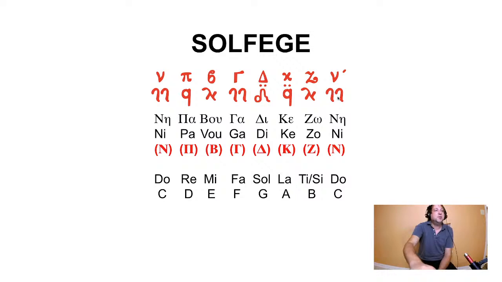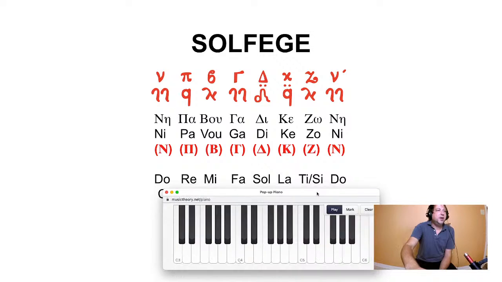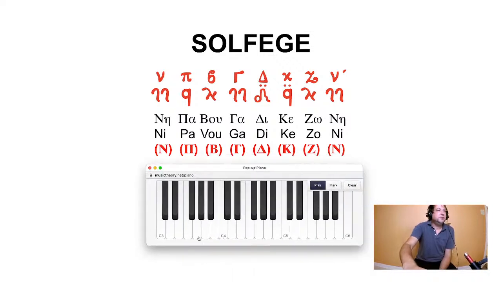and then we're back to ni, do. So singing the scale from bottom to top, we get ni, pa, vu, ga, di, ke, zo, ni.